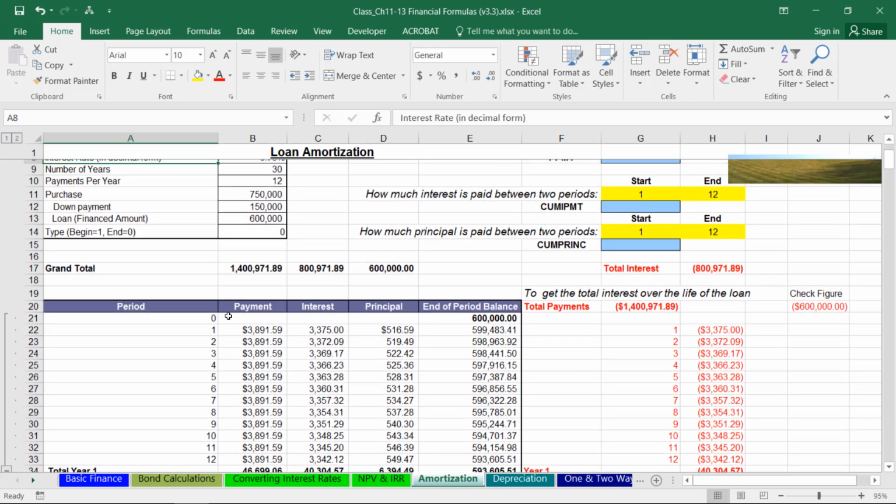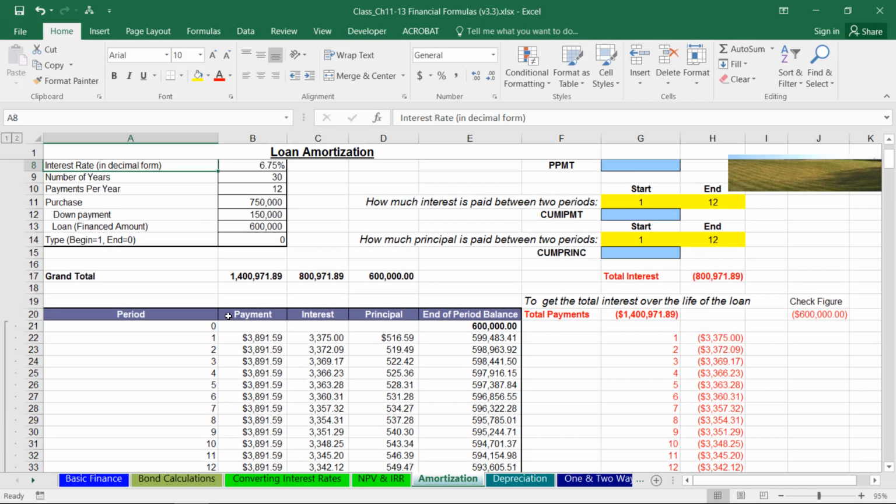Down below you'll notice here I have a number of different pieces of information. Let's look at the payment. First of all, this first part, if it's 0, then we don't put anything in. That's what would be appropriate for B21. But we're really interested in the second part. The payment of B8, that's this interest rate, divided by B10. We need to turn this yearly interest rate into a monthly interest rate.